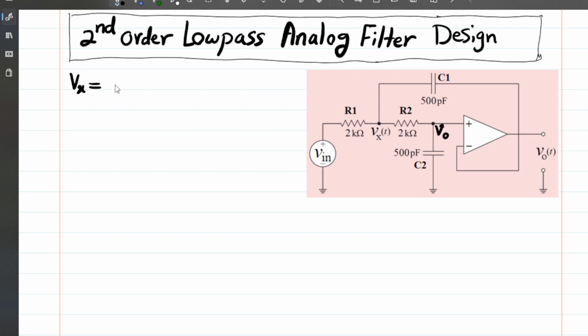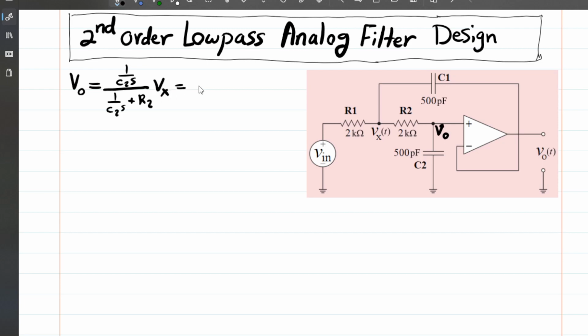We know Vout is a voltage division starting from Vx, and that voltage division is 1 over C2s divided by 1 over C2s plus R2, times Vx.